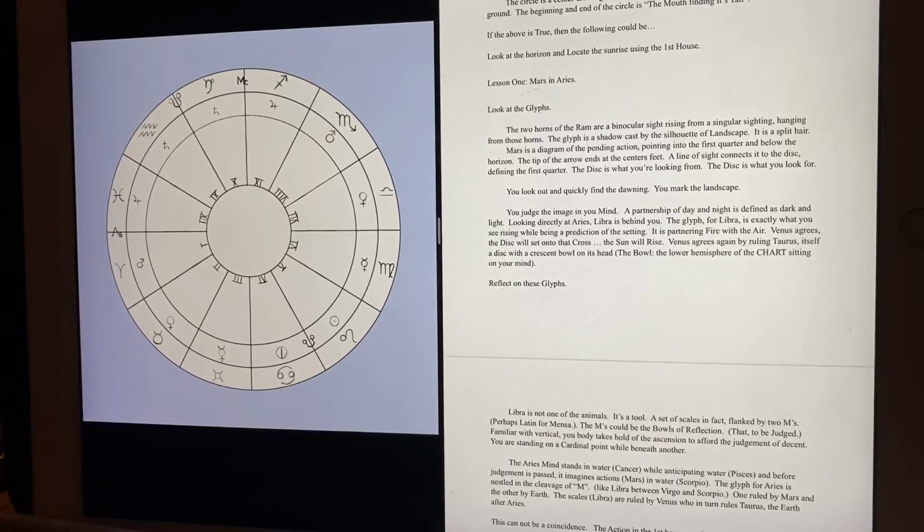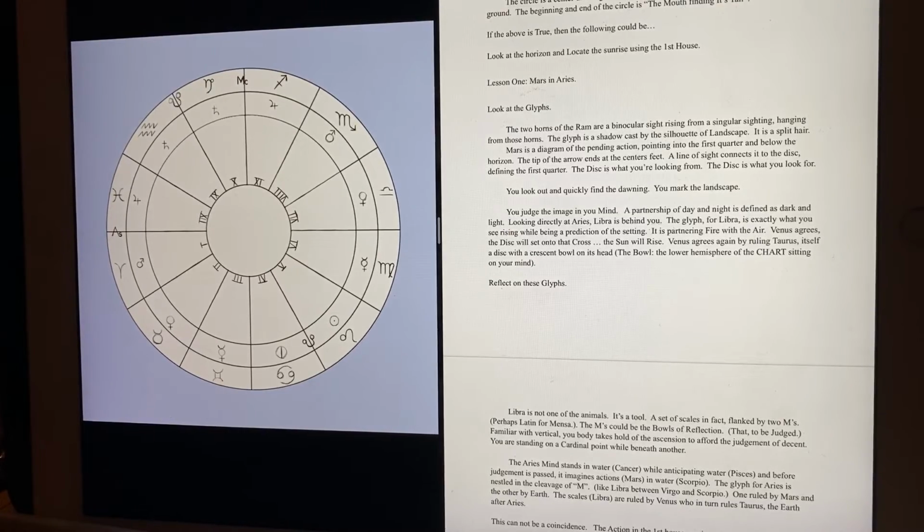The disk is what you are looking from. The disk is what you are looking for. You look out and quickly find the dawning, and you mark the landscape. You judge the images in your mind, and a partnership of day and night is defined as dark and light.